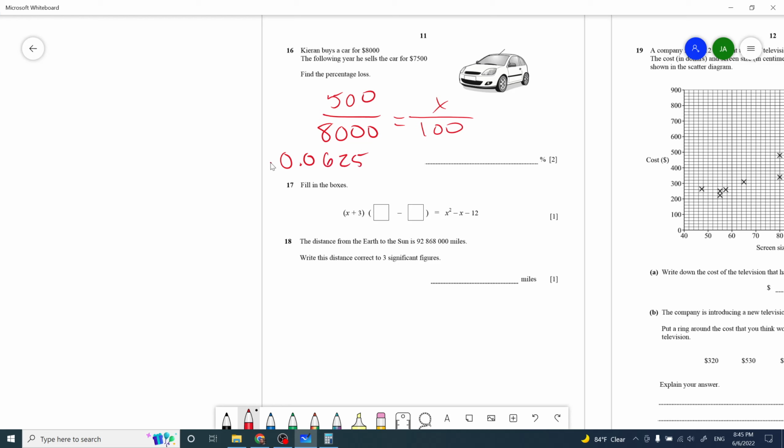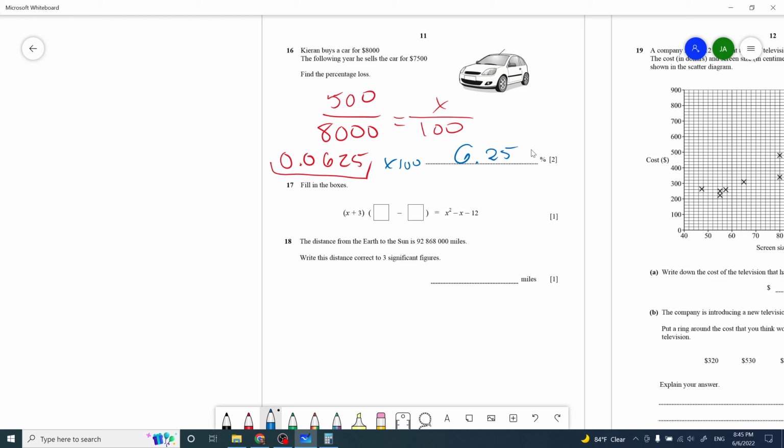Now remember, this is not a percentage, this is a decimal. To turn this into a percentage, you need to multiply it by 100. So this multiplied by 100 is going to be 6.25. So he lost 6.25%. All right, moving on to the next one.